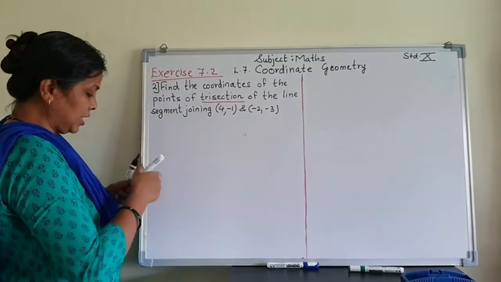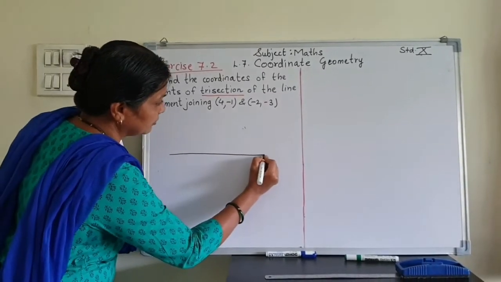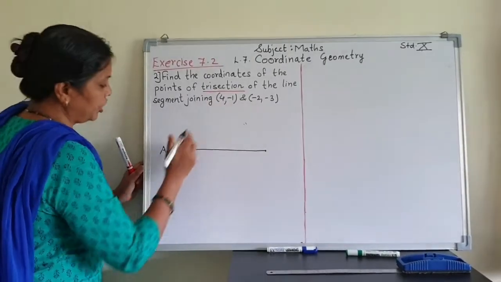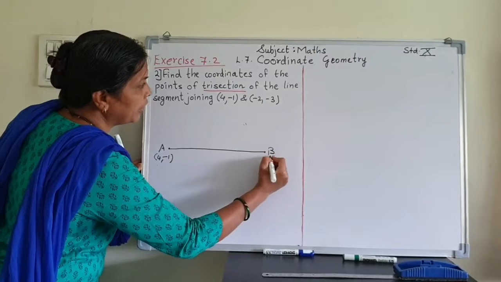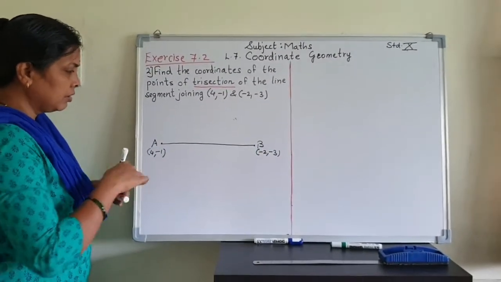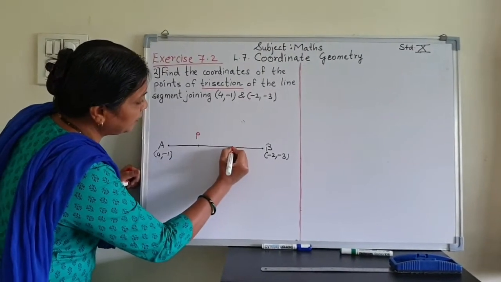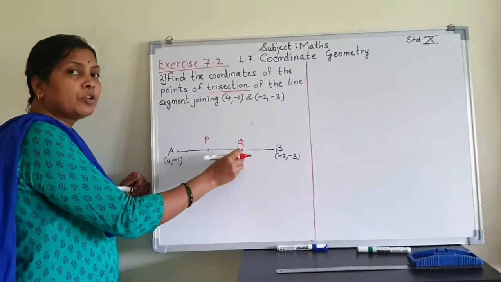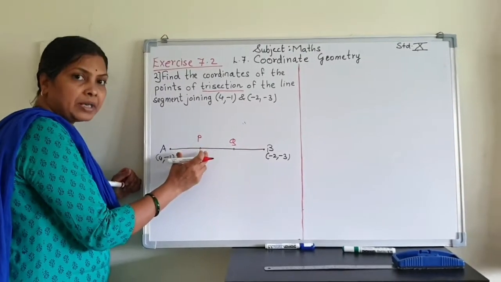So for example, see here I take line AB, with A having coordinates (4, -1) and B having coordinates (-2, -3). And there we have point P and point Q. So these P and Q divide this AB into 3 equal parts.